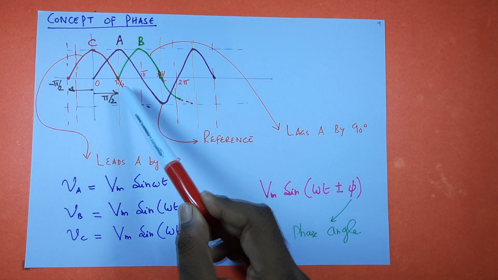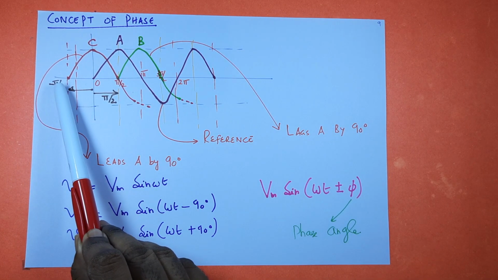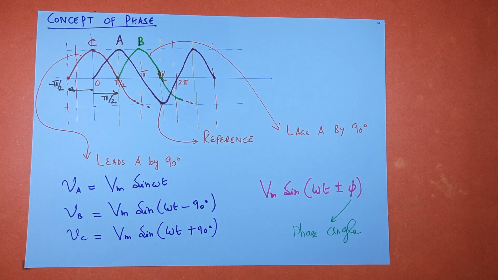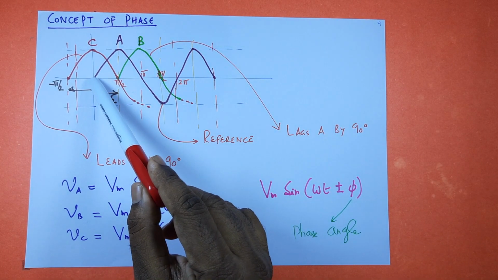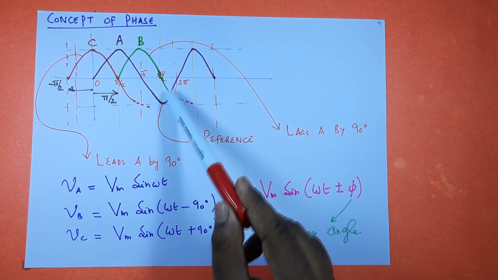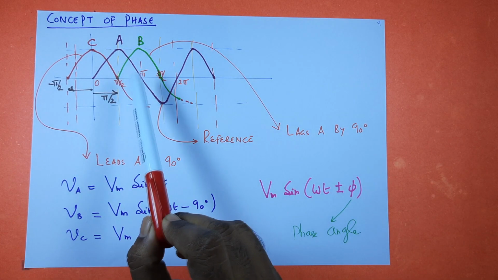Also I have one waveform B, this green color, this brown color, waveform C. All are sinusoidal waveforms. Suppose this is your reference. This is a starting point. Suppose this is your reference waveform. A is your reference waveform.